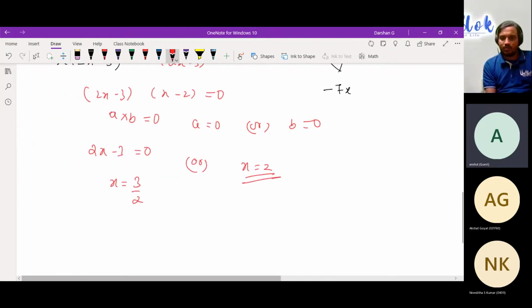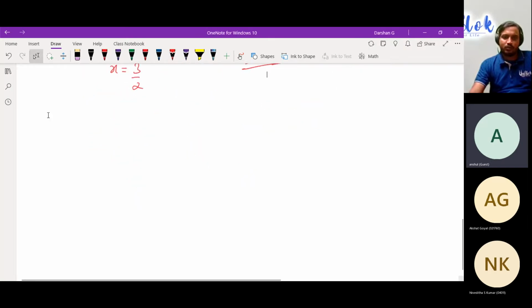So let me move on to the next problem. This is slightly tricky, not much actually. I'm expecting an answer for x. Always remember there will be two values. Take it as equal to 0 so that you can factorize and find x.